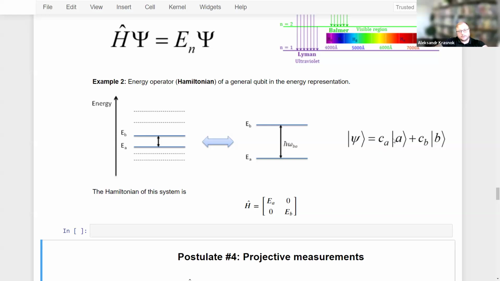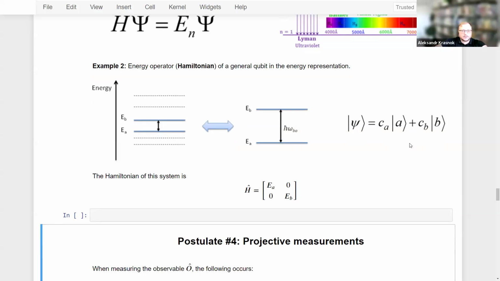Let's say state A will show up in 70% of results, and state B will show up in the other 30% of cases. This will be given by the different coefficients, C_A, C_B.